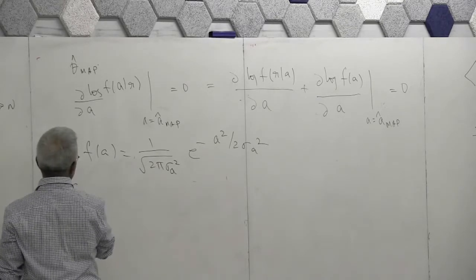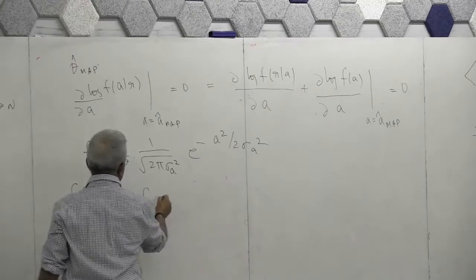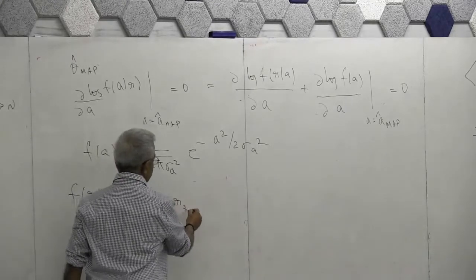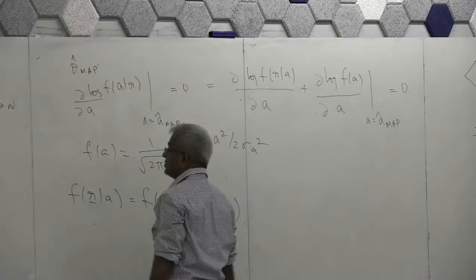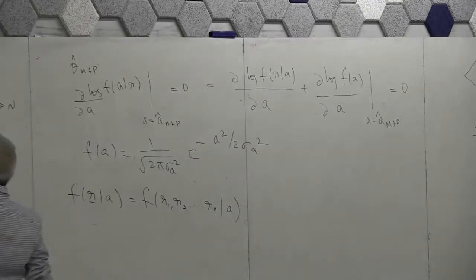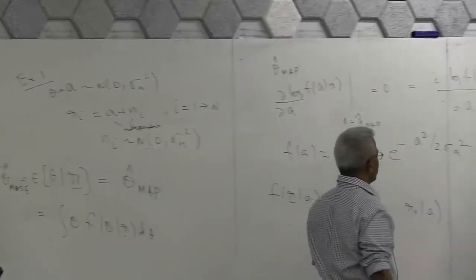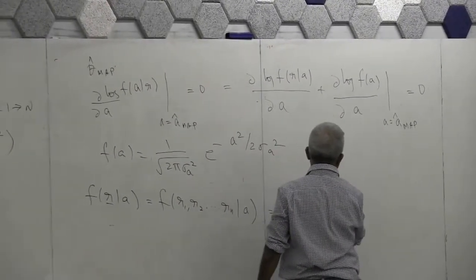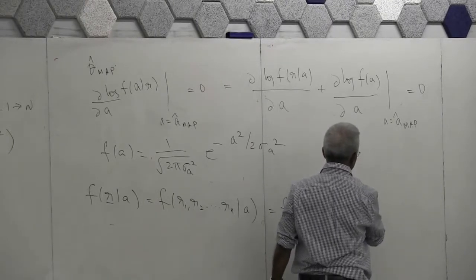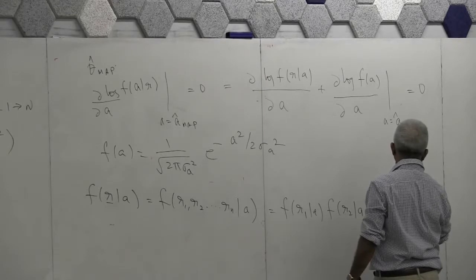And now we need FR given A. So this is where probability definitely helps you. Look at this problem. Given A, Ri behaves like the noise, and all the noises are independent. So you need to be mature enough to write this. R1 given A, this is the same as R2 given A, etc., Rn given A.